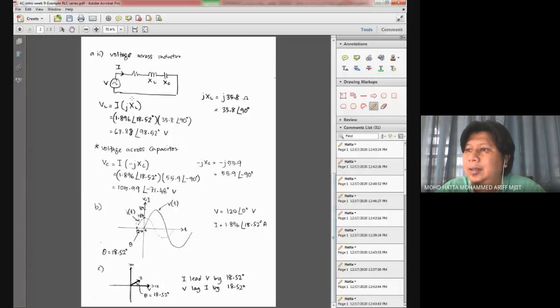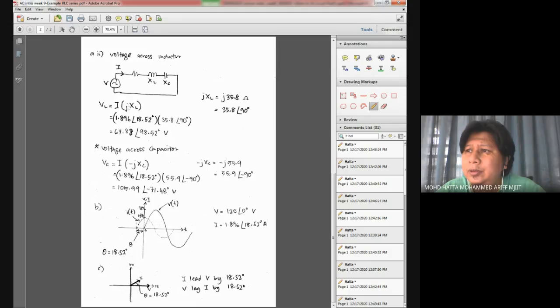Okay, look here, I redrew my circuit. In order for us to calculate the voltage across the inductor, as I mentioned, if you know the current over here, multiply it with this JXL, and you will get the value of voltage across the inductor. VL is given by I times JXL.